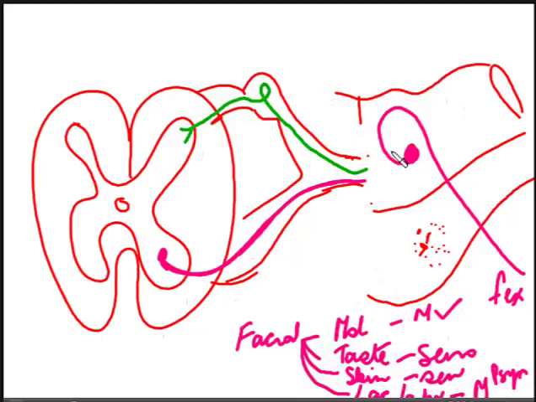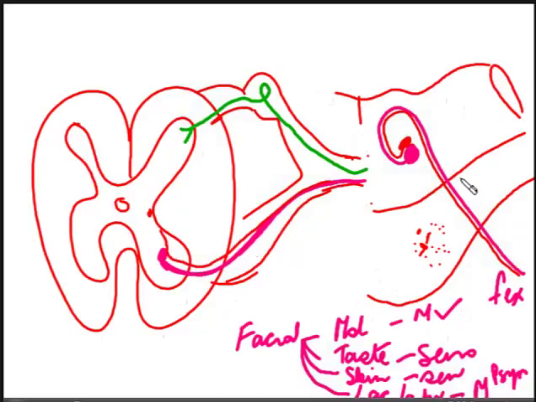So it has a parasympathetic component with it, and this is the lacrimatory or the salivatory nucleus. So again, cells are here, fibers begin from there, and they travel out with the seventh, and they go to supply the lacrimal and the salivary gland. So it's almost as if the parasympathetic component would have been here, if you remember, in the spinal cord, and then it would have traveled out this way.